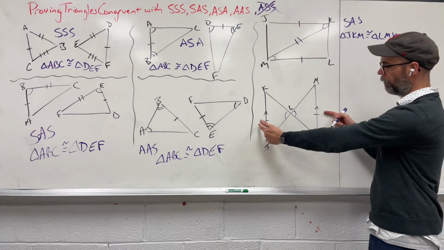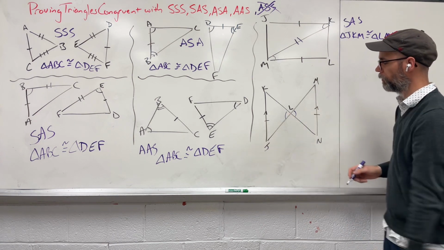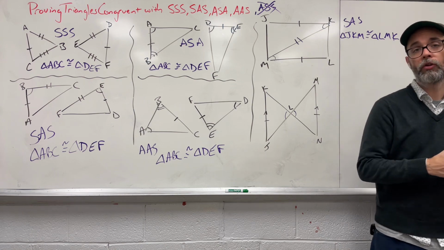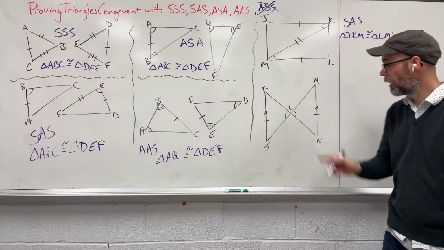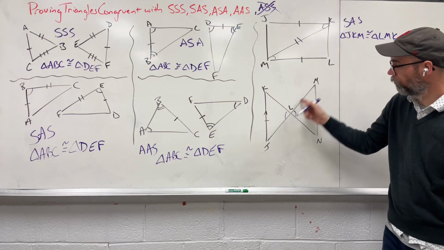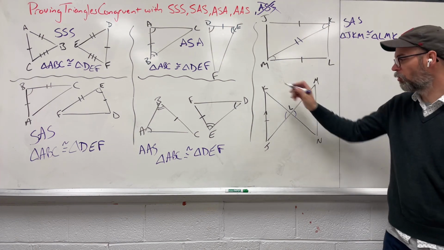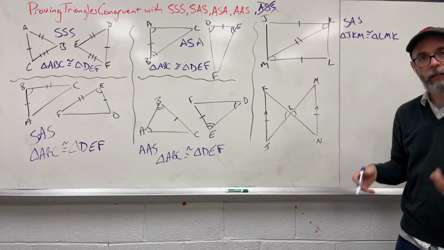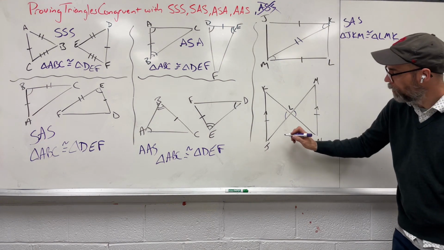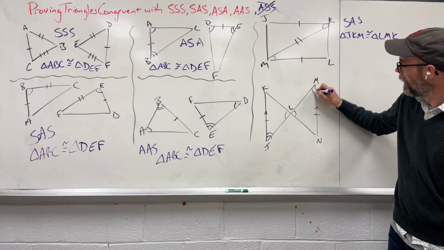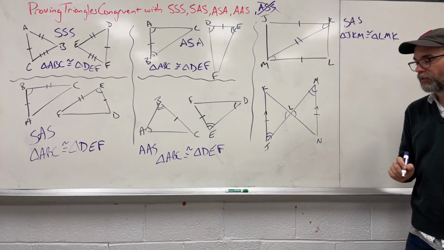But also, when you have parallel lines and a transversal that cuts through it, something that looks like a Z or an N, we have alternate interior angles that are the same.